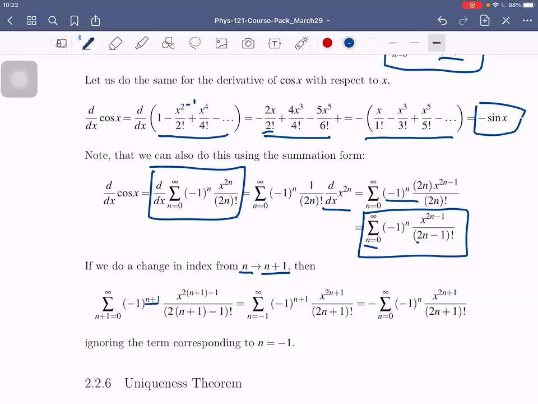It is not the whole thing; only the n is what you added. The same goes for the denominator: 2 times quantity n plus 1 minus 1. What remains is 2n plus 2 minus 1, which is 2n plus 1. The same goes for the denominator. Okay? And don't forget the negative. We have the negative here.